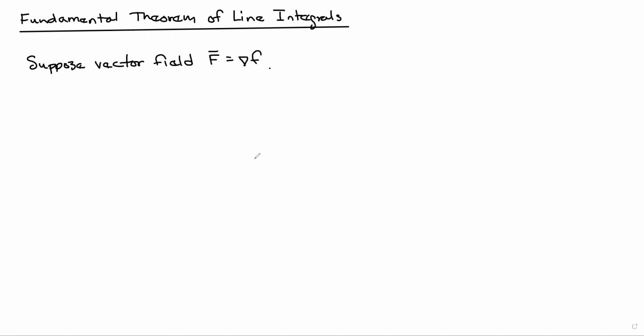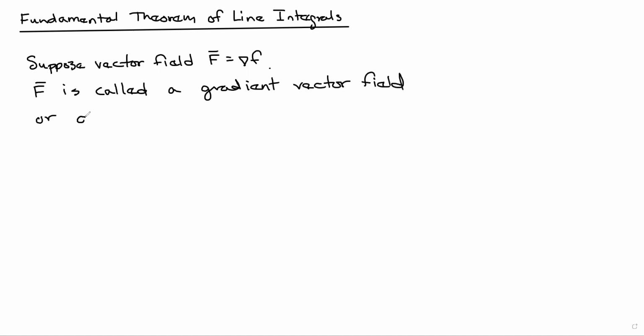In this video, we're going to introduce another name that is also common, and that is that we say that the vector field is conservative if this is the case. All right, so F is called a gradient vector field, or a conservative vector field.